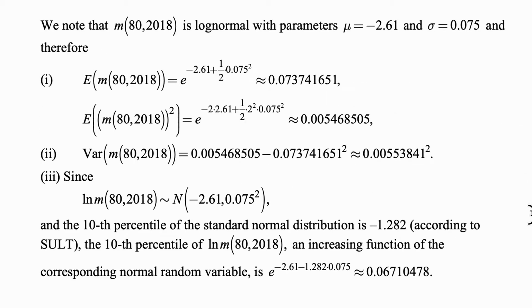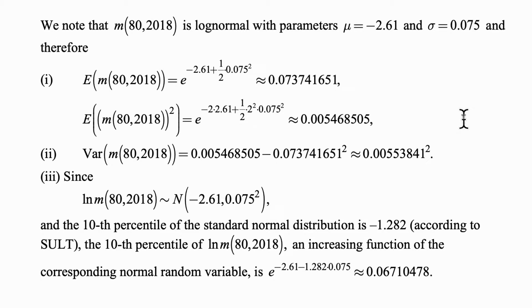So we basically know now that m of 80, 2018 is log normal with parameters mu equal to negative 2.61 and sigma equal to 0.075, and therefore the expected value of it is what we get when we plug in those parameters in the formula for the expected value of a log normal random variable, in this case e to the negative 2.61 plus 1/2.